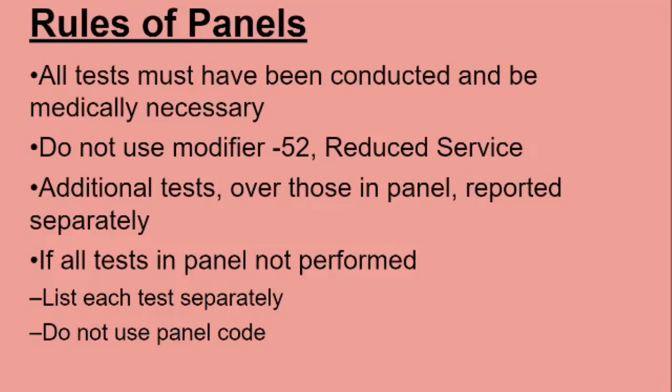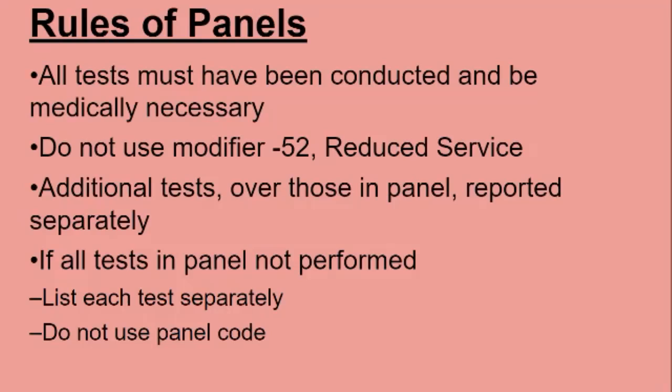If you did the urea nitrogen, then you would use your 80048. So what I'm trying to say is every single one, well, no, 80047 has a BUN in it too. One would have to look at that a little bit closer.